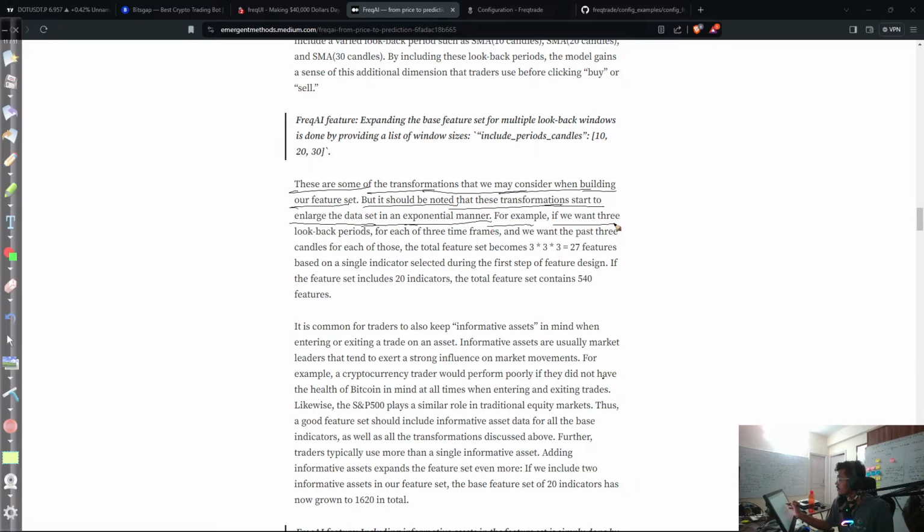For example, if we want 3 look back periods for each of 3 time frames, and we want the past 3 candles for each of those, the total feature set becomes, so this is what we want: 3 look back periods, that's your 3, for each of 3 time frames, that's your 3, and then the past 3 candles for each of those, which is 3.